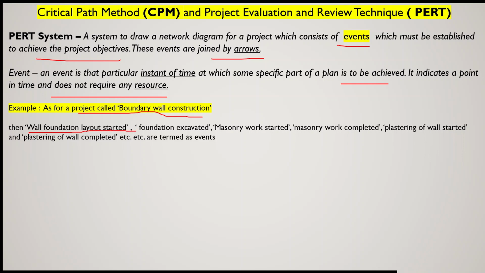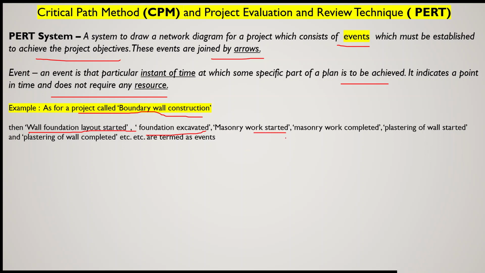So that is a time event, so it will be known as an event. Another example we can say is when the foundation is excavated. So that will be an event. Now it is not an activity because foundation excavated means work has been done, so it will indicate only a point of time or instant of time.